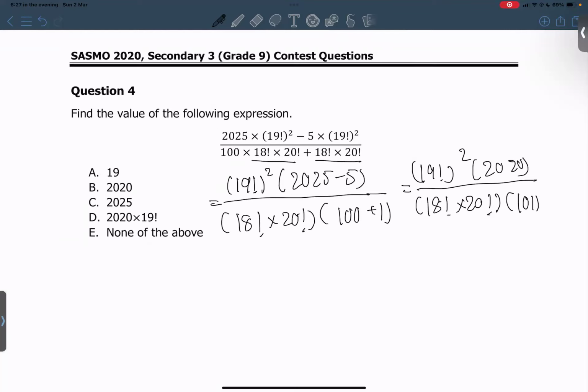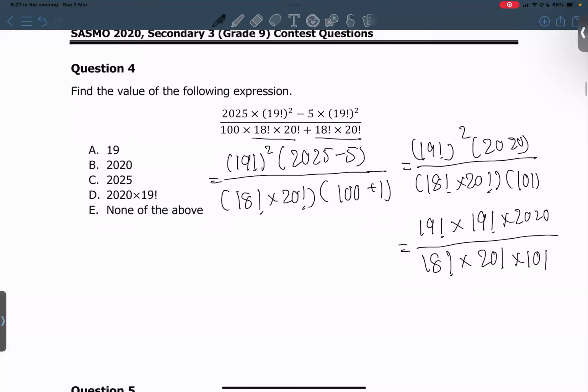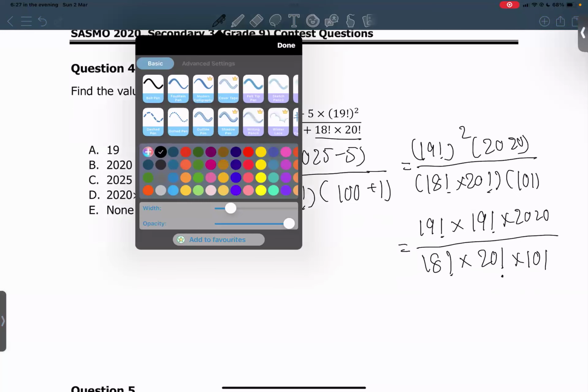So from this, from the first, here, 19 factorial squared, you can write it as 19 factorial times 19 factorial times 20 over 18 factorials times 20 factorials times 101. So from here, hold on, let me change this.